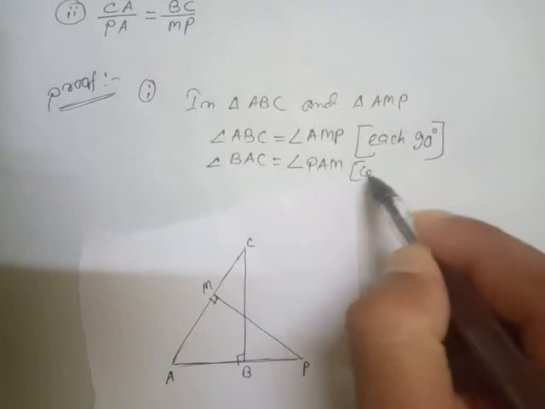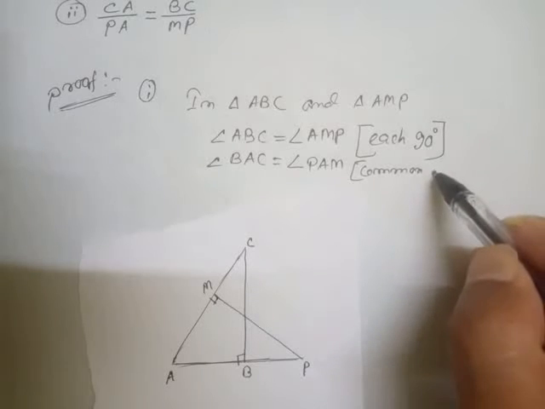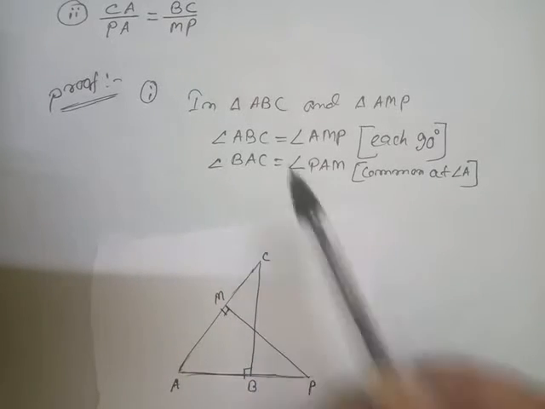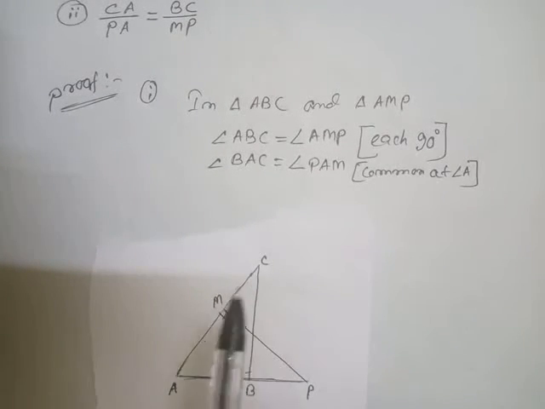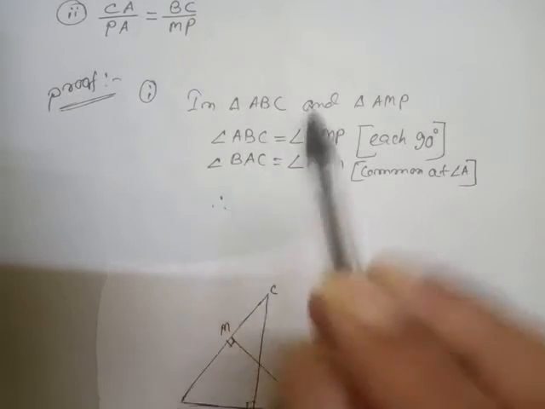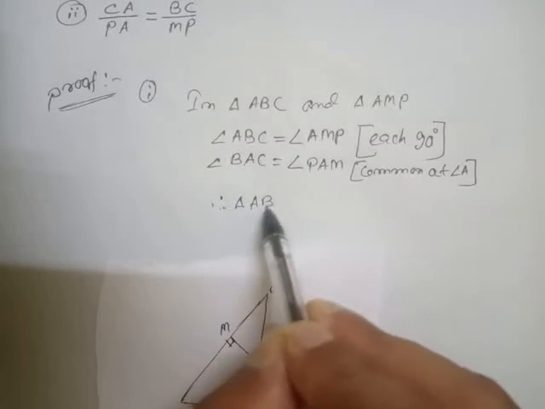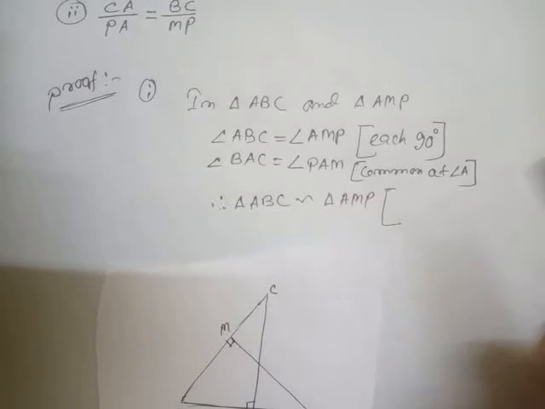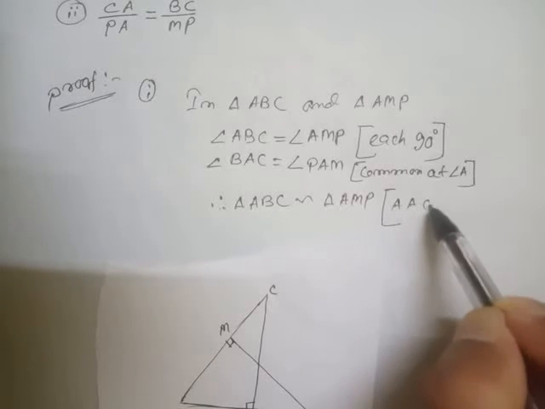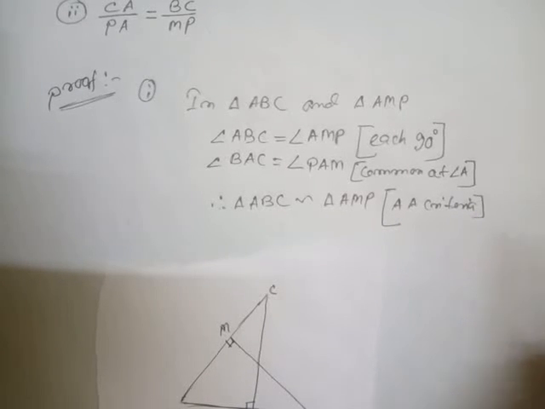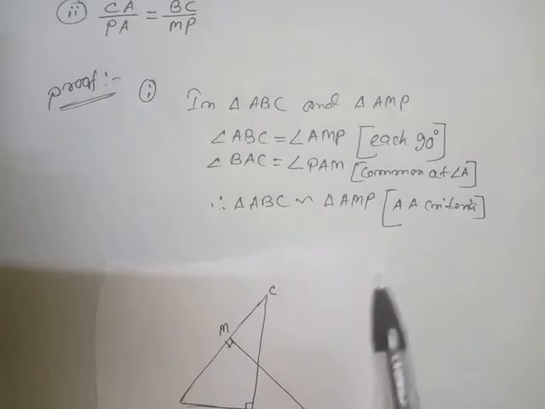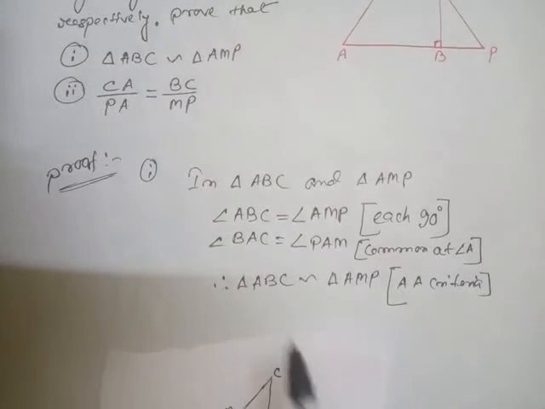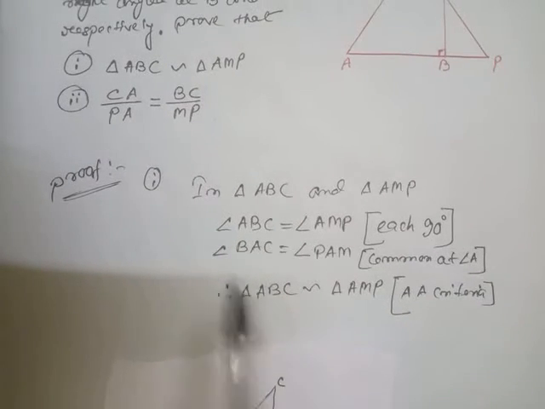So we'll write here common angle, common at angle A. For similarity, two reasons are enough. So here we can write therefore triangle ABC is similar to triangle AMP, and the reason is the angle criteria. So our first proof, that triangle ABC is similar to triangle AMP, has already been proved here. So the first one is over.